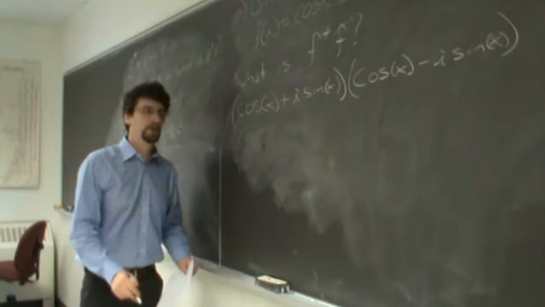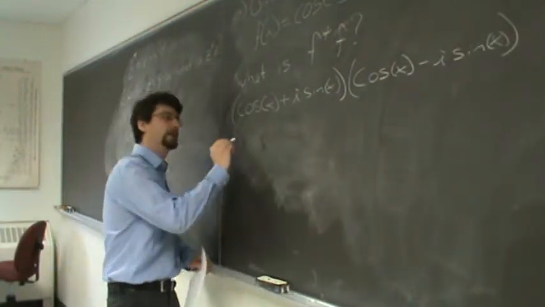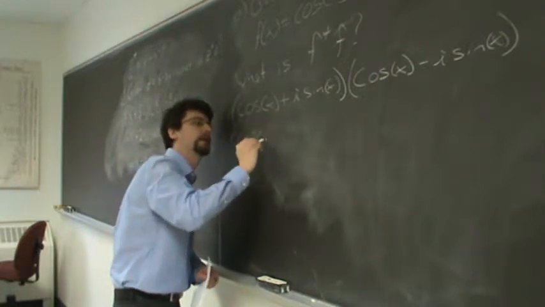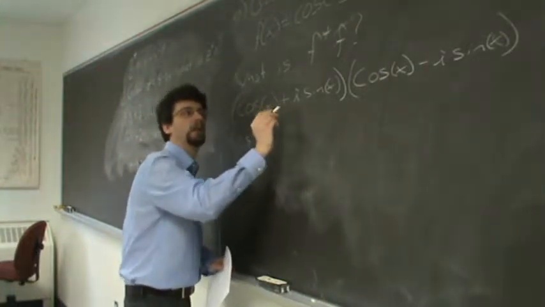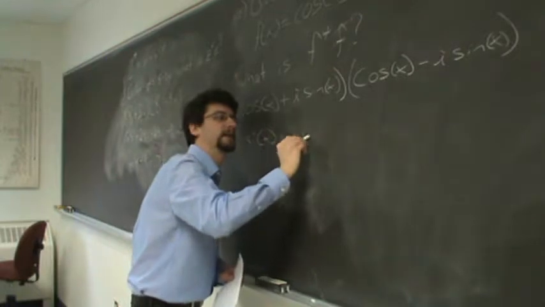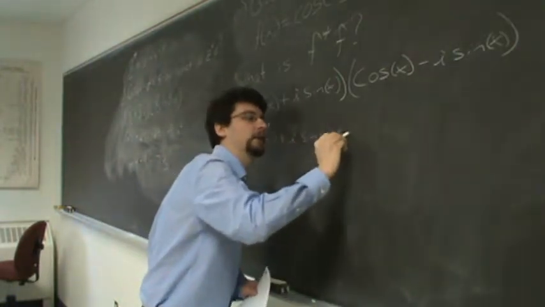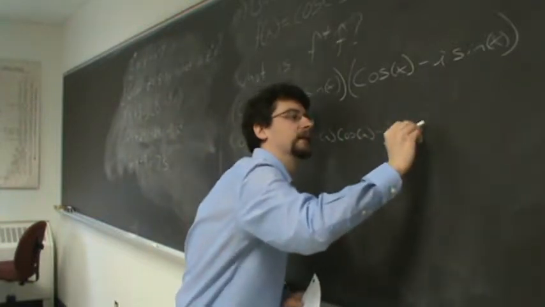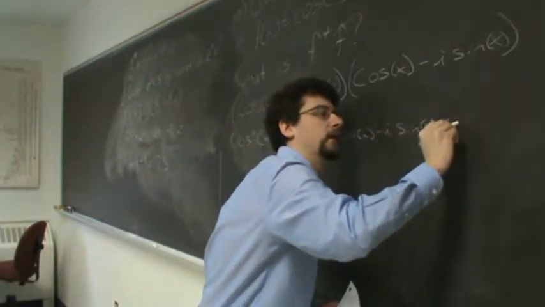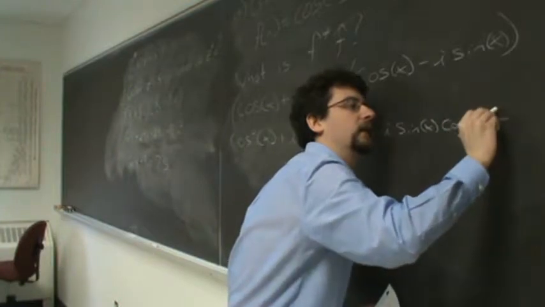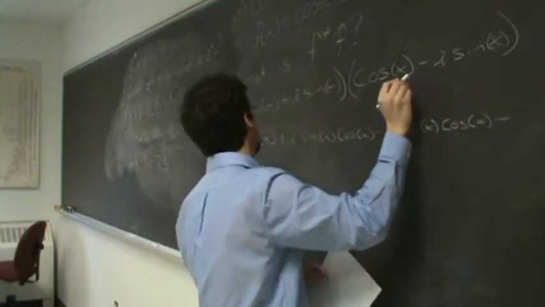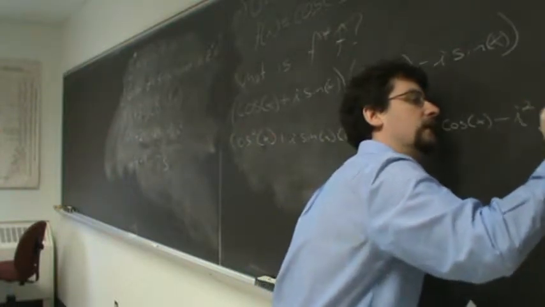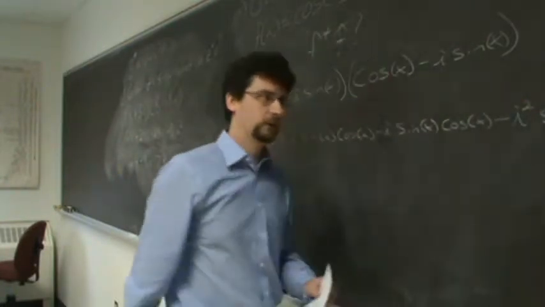Yep, exactly. So let's go through the steps to show what happens. We get cosine times cosine, right? So that ends up being cosine squared as a function. Then we're going to get plus i sin x cos x minus i sin x cos x minus i squared sine squared x, right?